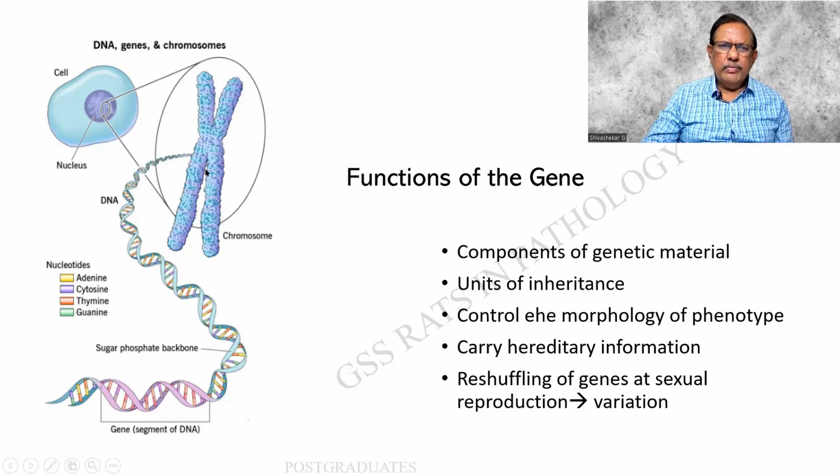And the chromosomes themselves have got unwinding or entangled bundles of nucleotides in the form of DNA: adenine, cytosine, thymine, guanine, etc. Basically, the functions of the genes shall be to have the components of the genetic material, the units of inheritance, to control the morphology of a phenotype, and to carry any hereditary information.